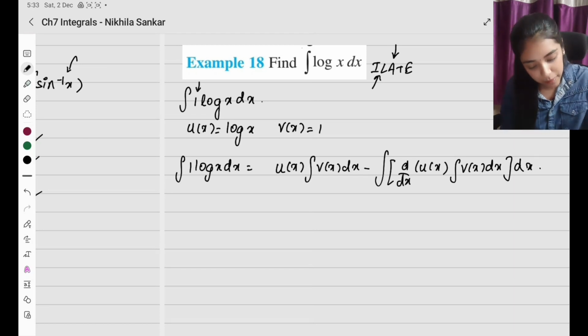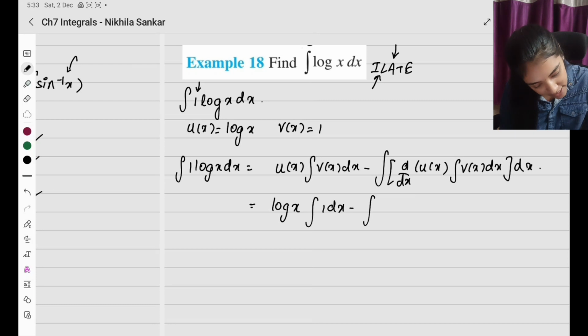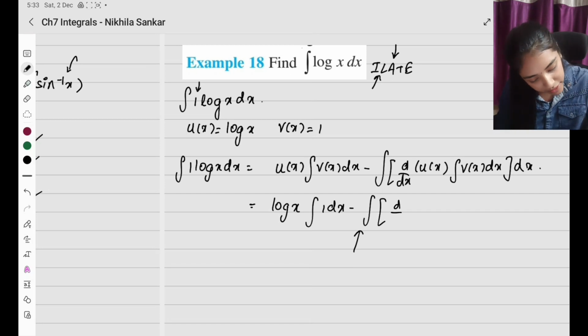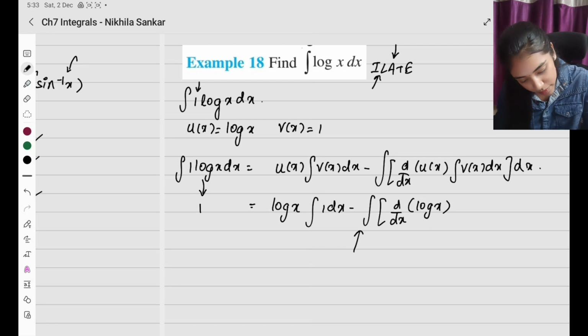Write the formula for the first 10 questions, only then will you remember it. Okay, so when I substitute the formula, what do I have? U of x, so log x times integral 1 dx minus integral of, open the bracket, always open the bracket, otherwise you will get confused in the integral. So I have d by dx of the first function, which is log x. Remember, this is my first function.